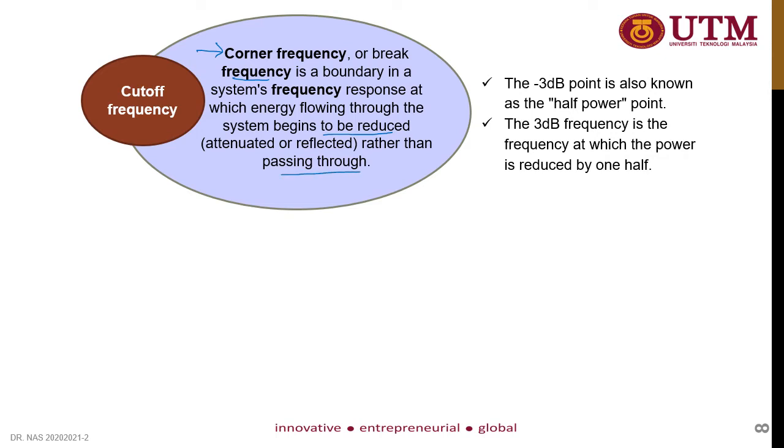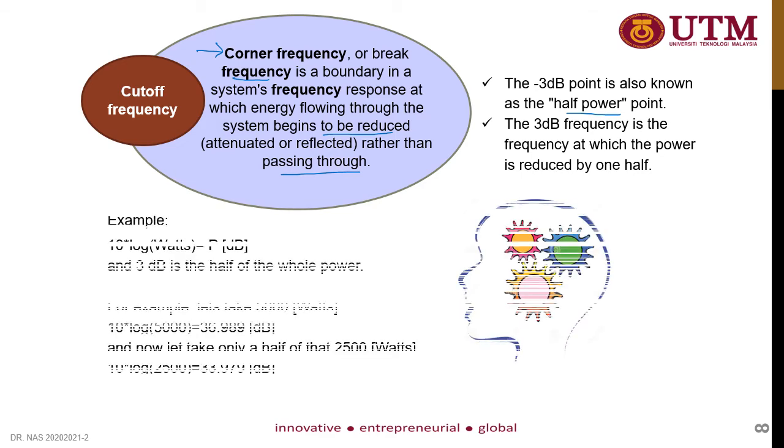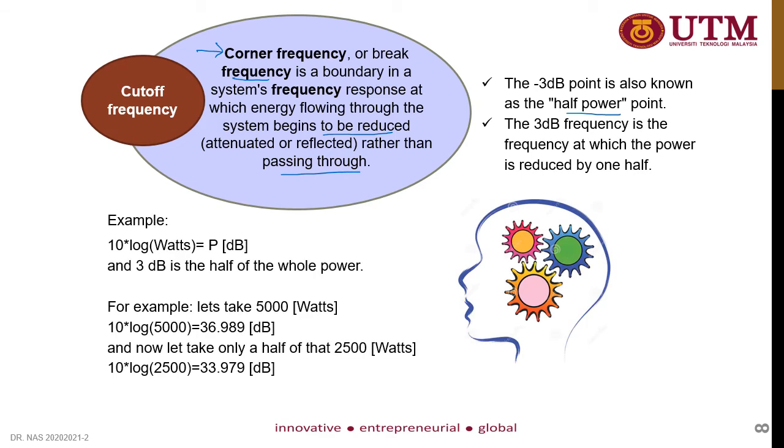Okay, the 3 dB point is also known as half power, as mentioned earlier. It happens when the power is reduced by 50% from the maximum power. Okay, you can have a quick glance at the example of how the 3 dB point or the cutoff frequency is calculated.